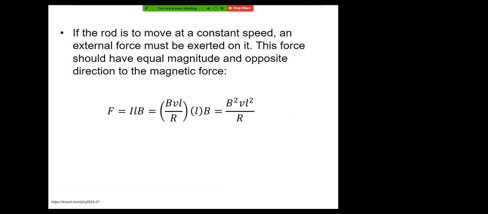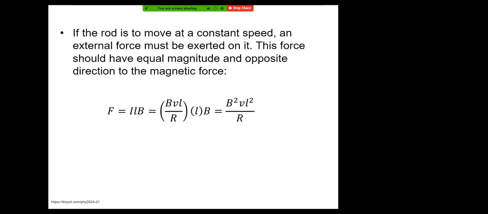And you can calculate the magnetic force that the rod is experiencing if it moves with the speed of v. The magnetic force should be equal to the current induced times the length of it times the external B field.